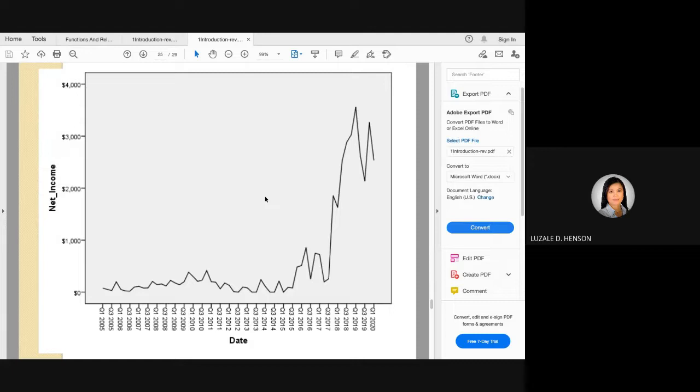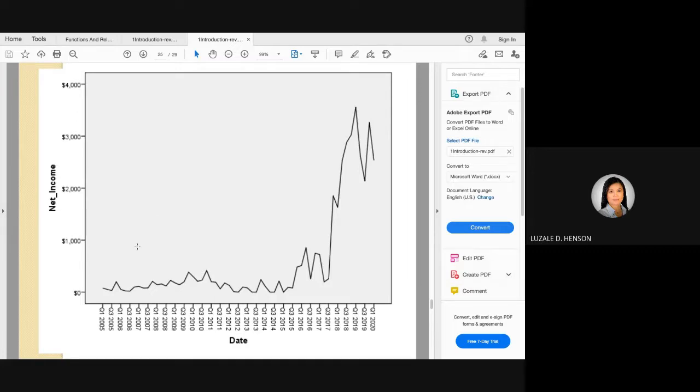In this case, this is about the data in periods from 2005 to 2020 and the net income. So the net income, say, of a particular store or company for a period of 10 years. Oh no, this is 2020, so that's 2005. Then that would be about 15 years of historical data.